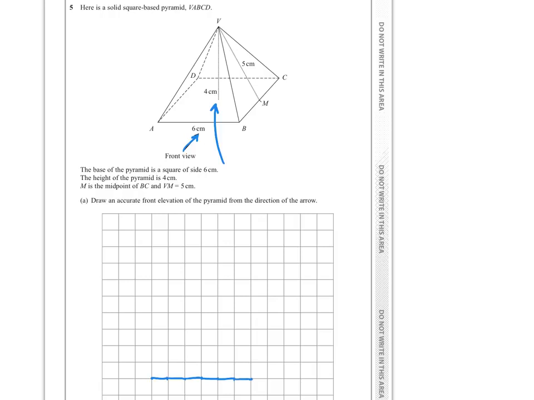And the height, well, how can we work that out? Well, if we look carefully, it tells us the height of the pyramid is 4 centimeters. So 1, 2, 3, 4. And all we have to do is join these up here. And that would be the front elevation.